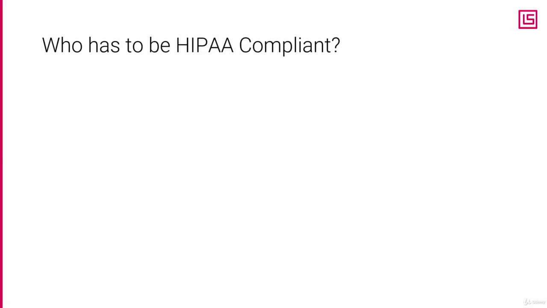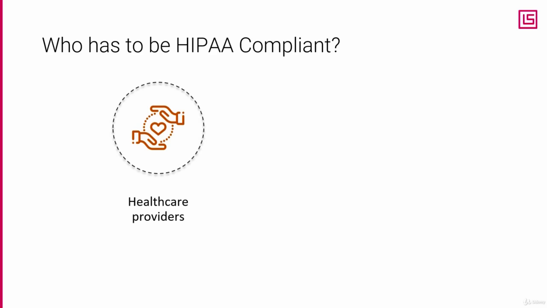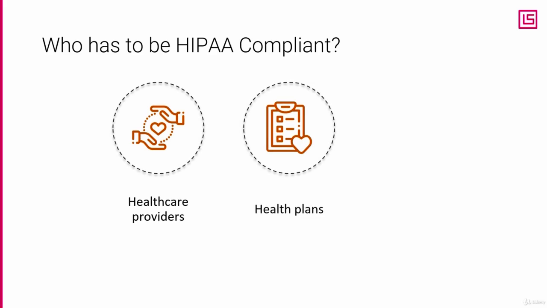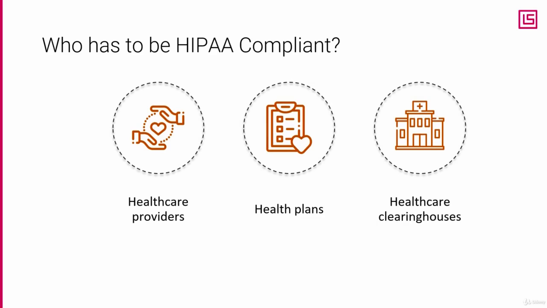Now let's get an understanding about who has to be HIPAA compliant. HIPAA applies to whoever deals with the transmission and processing of health information. These include the healthcare providers, health plans, and healthcare clearing houses.